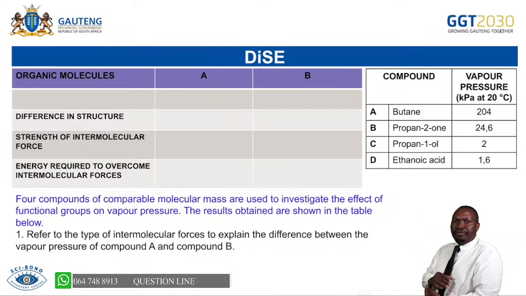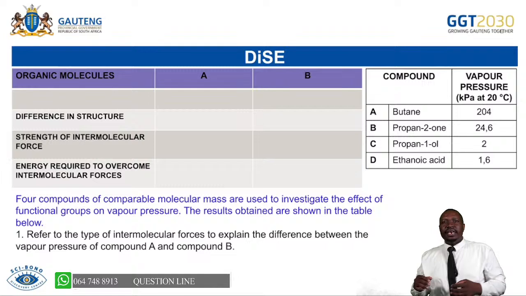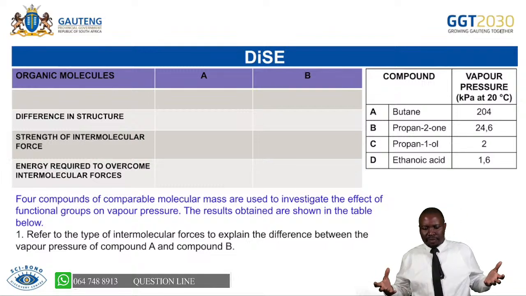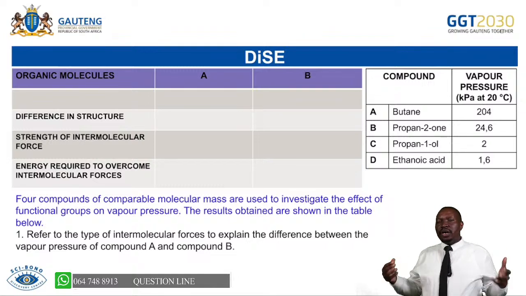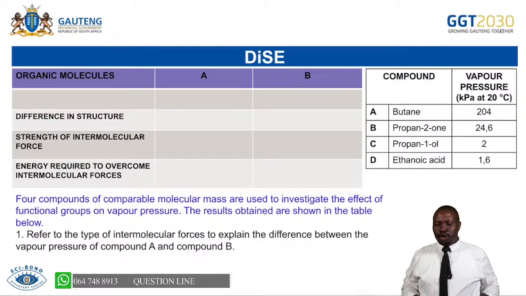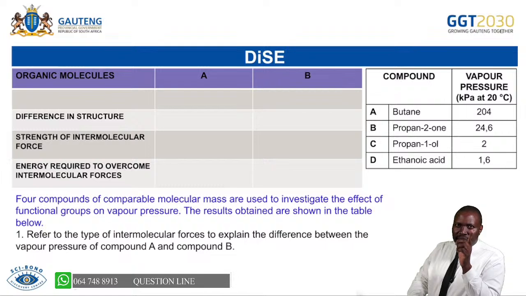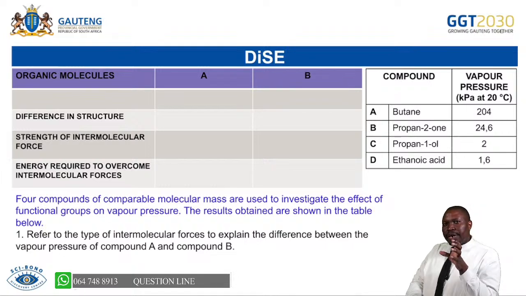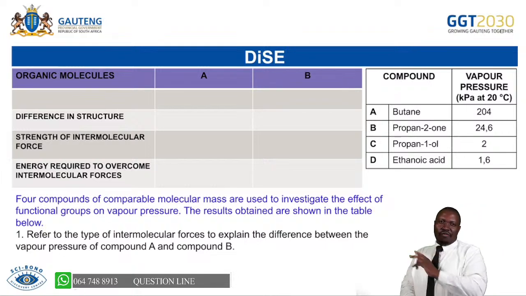So if we check butane, for example, you can see that butane has London forces, compared to butan-2-ol, which now has dipole forces, compared to propanol that now has hydrogen bonding on one side, compared to ethanoic acid that has two sides of hydrogen bonding.